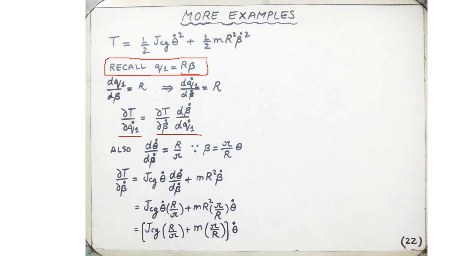And we know that theta and theta dot can be represented in the form of beta and beta dot respectively. So remember, we need to calculate the partial derivative of kinetic energy with respect to the displacement variable to be used in the Lagrange equation, that is q1.